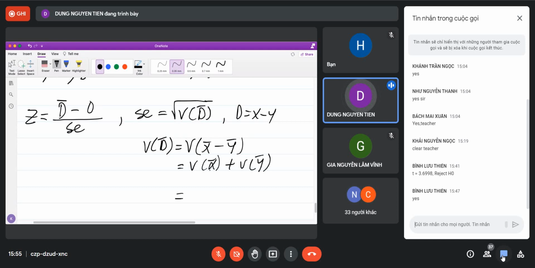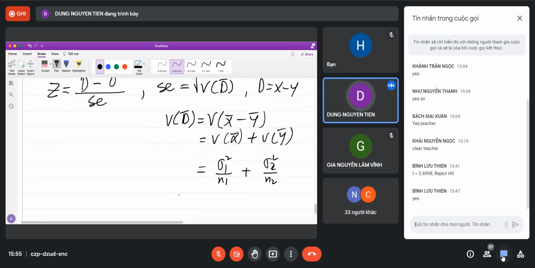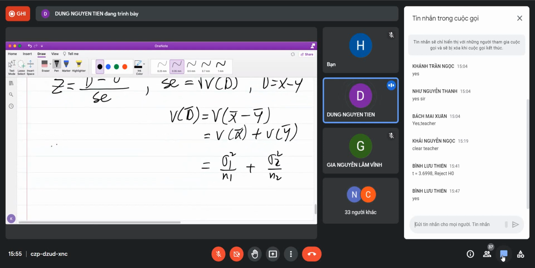The variance of x bar is sigma 1 squared over n1, and the variance of the second one is sigma 2 squared over n2. Do you understand? Because of that, you can get the standard error, which is the square root of sigma 1 squared over n1 plus sigma 2 squared over n2. Are there any questions so far?